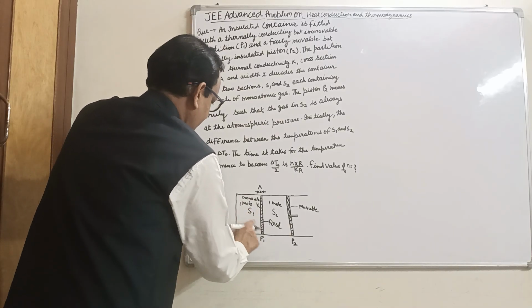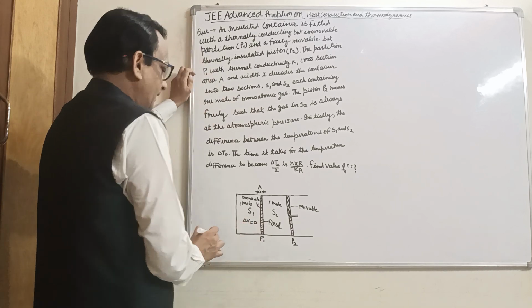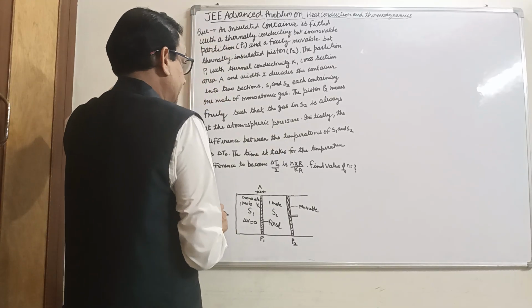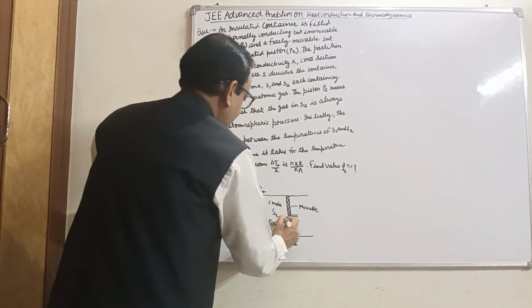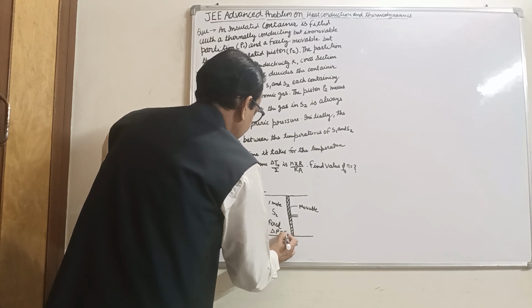This is fixed, so we say the volume is constant, the change in volume is 0, and the system is always at atmospheric pressure. This means the pressure is constant, so in this process delta P would be 0.